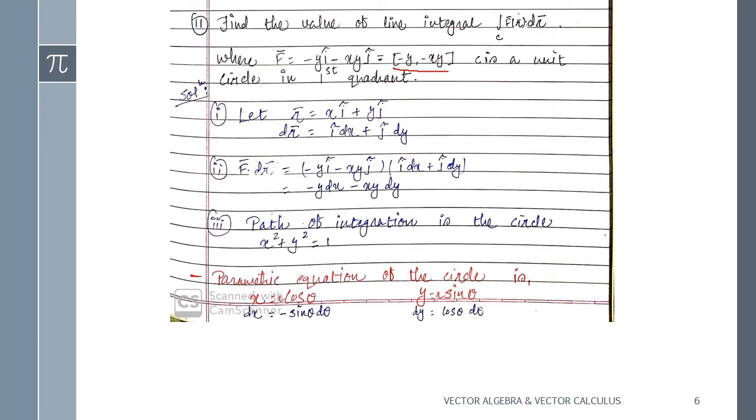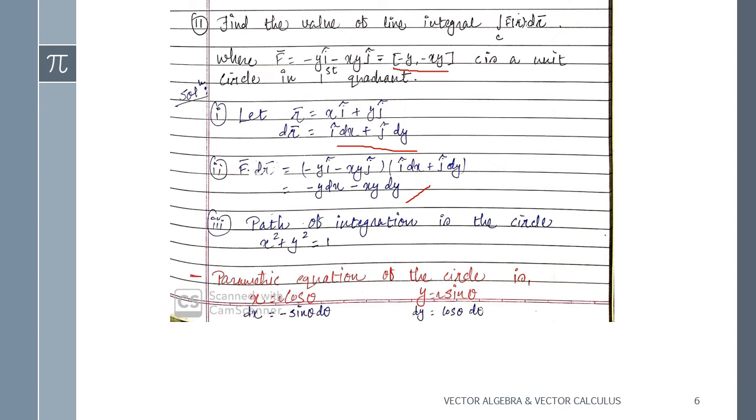Okay, so starting with the first step, let r bar equals xi plus yj, so that you can find dr, and it will be i dx plus j dy. Okay, now second step f dot dr, f is written here, and dr is written, do the multiplication of both, give the simplification. Now in the third step, path of integration will be applied.